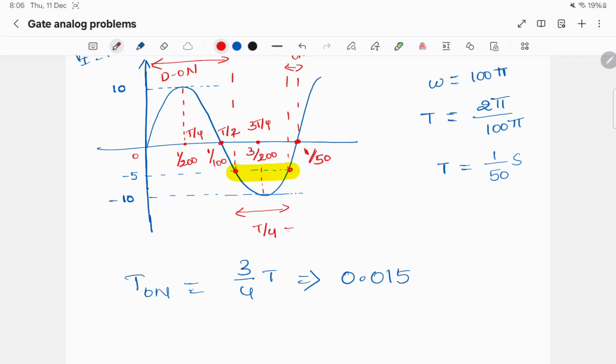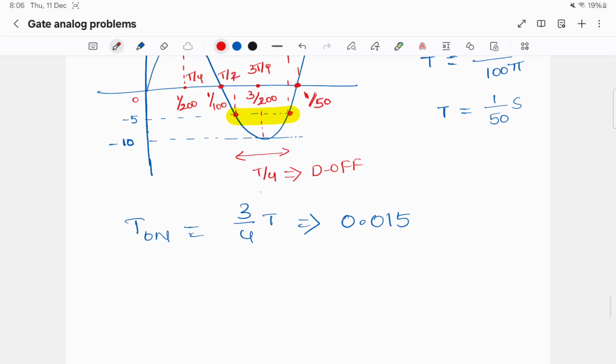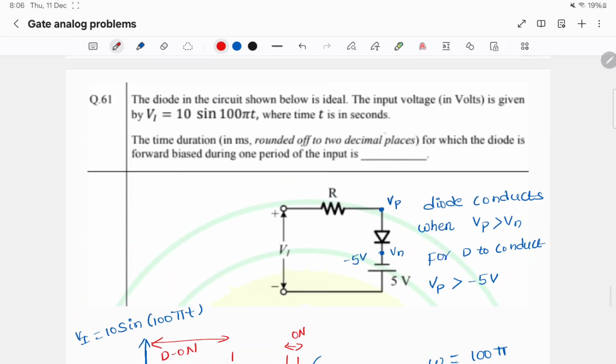In this area the diode is off because the voltage is less than -5 volt. The total on period is 3 by 4th of the time period. So here time period is 0.02 seconds and the T on will be 0.015 seconds. The answer is 0.015 seconds.